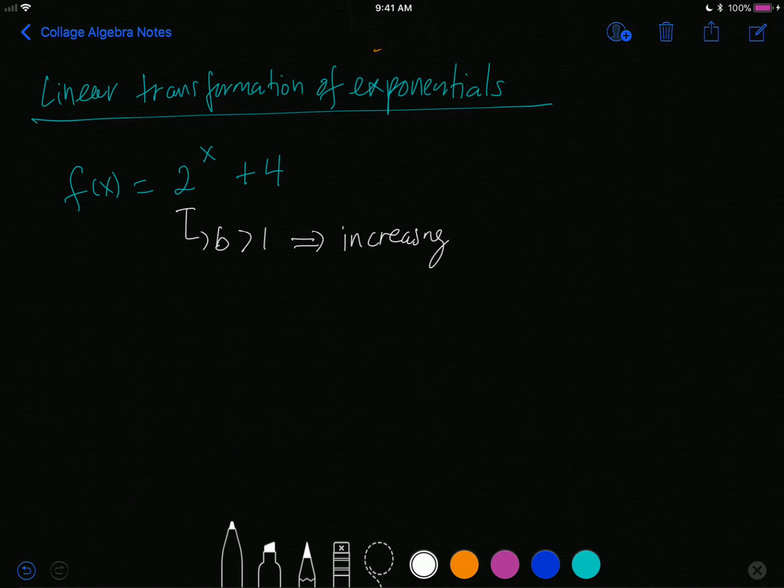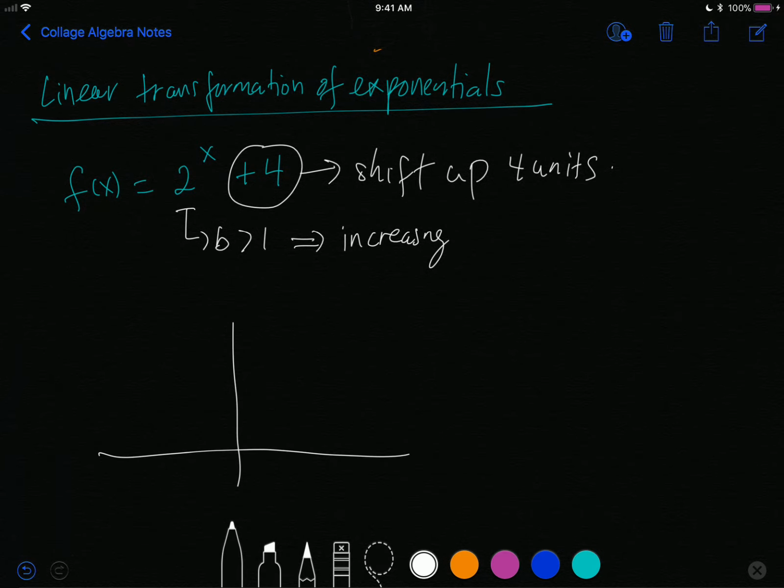Second thing I need to do is identify the transformation. Well, this right here is a shift up 4 units. So my base exponential function 2 to the x goes through (0, 1), and is a graph that looks like this.